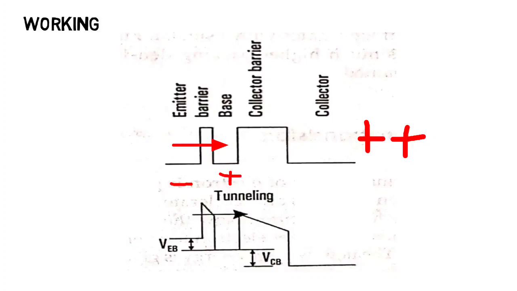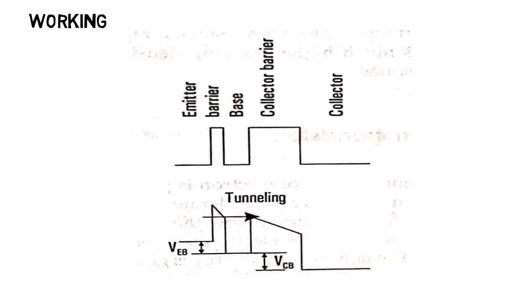So there will be the tunneling effect, and the tunneling can be controlled by the bias voltage, emitter to base and then base to collector. This movement can be controlled by shifting the energy levels. Shifting of energy levels or the electric field will happen because of the bias voltage.